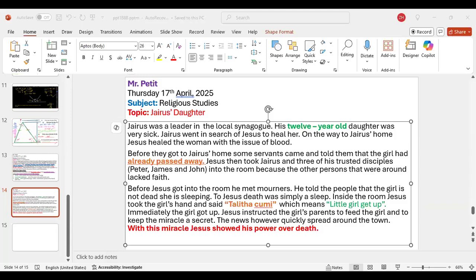He took her hand and said, Talitha Kumai, and then when she woke up, he instructed her parents to feed her and keep the miracle a secret, but they didn't. Exactly. The miracle spread.